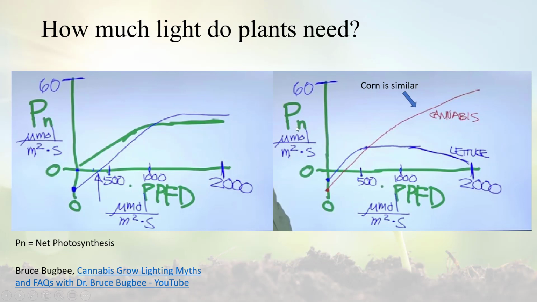We could use net photosynthesis on this y-axis, but we can also use yield here. So as you increase your light intensity, you're going to see better yield, particularly for cannabis or plants similar to it like corn that really love light. So again, the importance of this PPFD value for our plants.